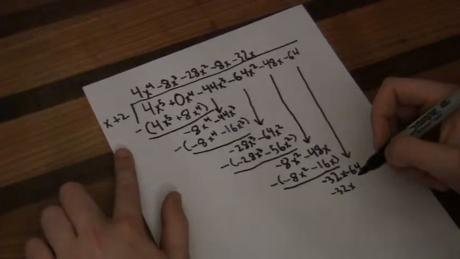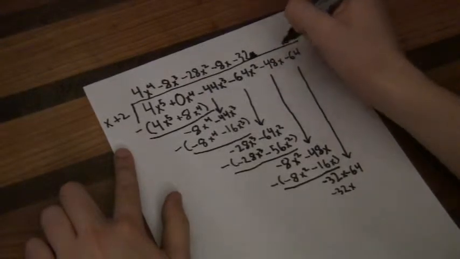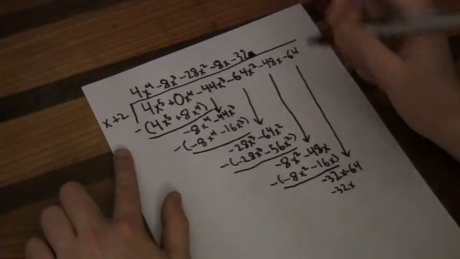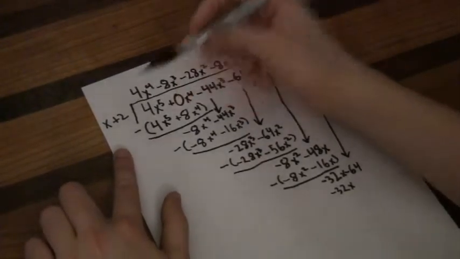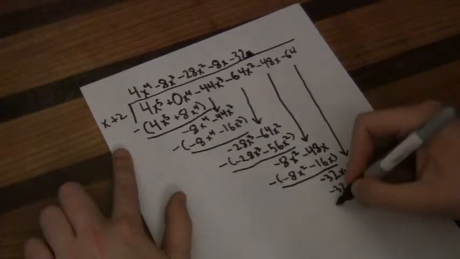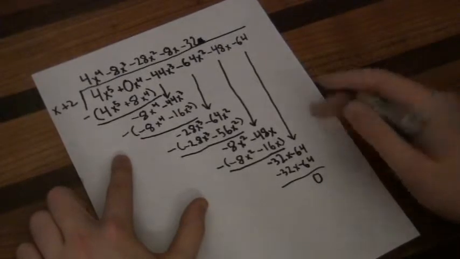I did it again. I'm keeping you on your toes. There's no x there. You're supposed to divide that out. We didn't. Now it's fixed. So now we take the 2 times the negative 32. I'm cracking under the pressure. But all's well and good because we get 0.